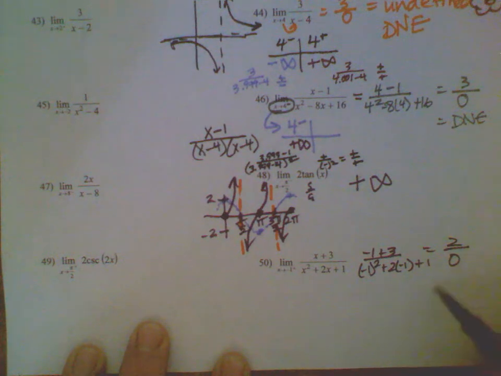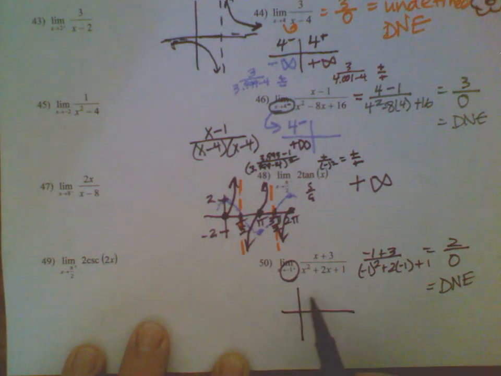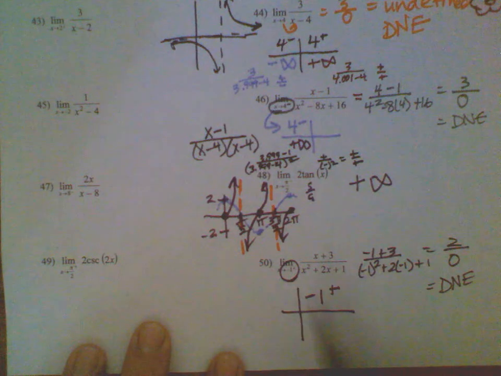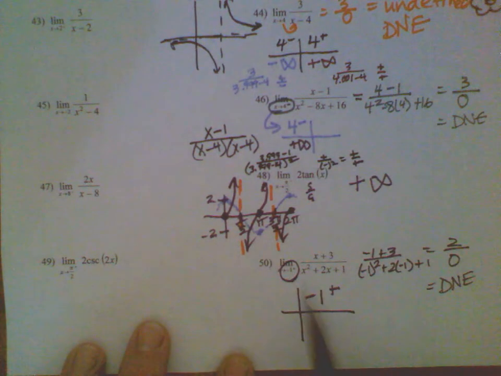Again, this is undefined. The limit does not exist. But again, I'm interested in -1 from the right. So I'm going to go ahead and make a little kind of half of a table. I mean, it's really a lame attempt at a table. If I have to do both sides, it'll show up more because I'll see the left and the right. But this one is -1 from the right.